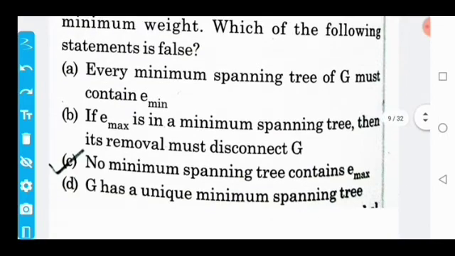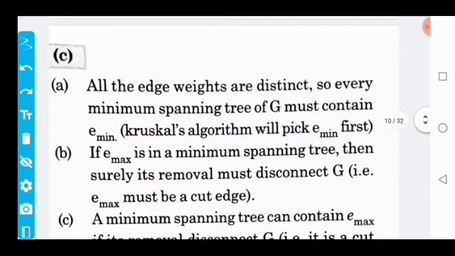Now come to the solution of this question. The right answer is option C, meaning option C is false. Now analyzing all the options. Option A: all the edge weights are distinct, so every minimum spanning tree of G must contain E min, because the Kruskal algorithm will pick E min first.